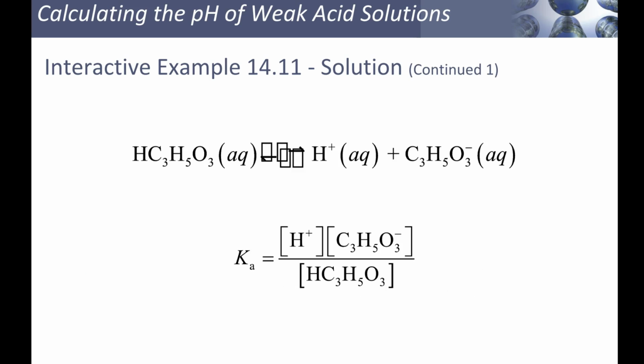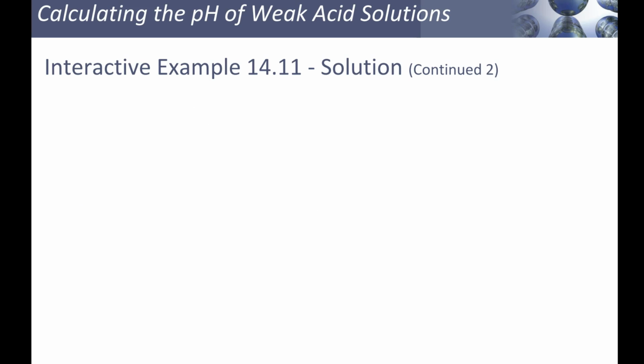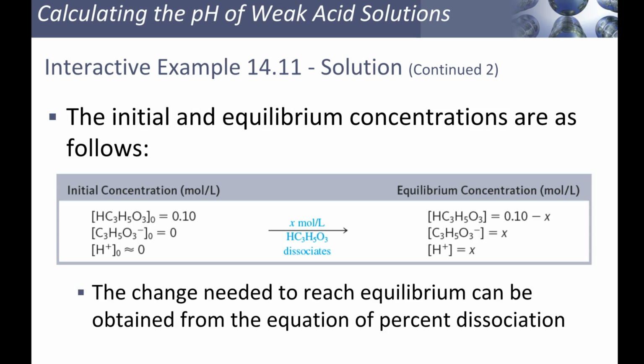Okay, so you know Ka is H plus times the anion over the compound. That's your equilibrium. So let's look at the ice table: 0.1 minus x, and x, kind of the same thing over and over again.